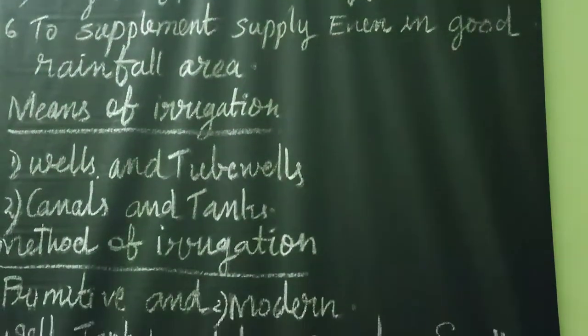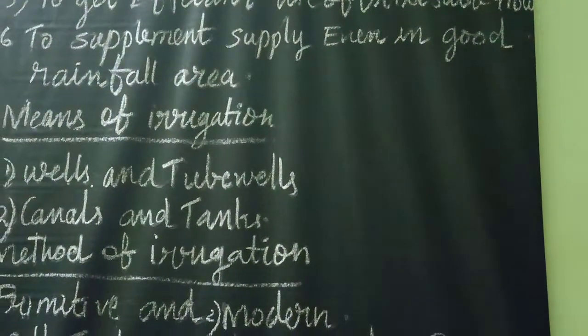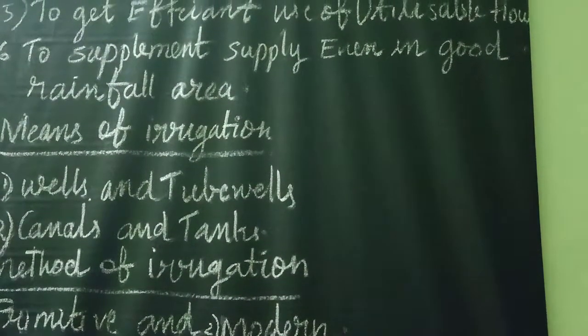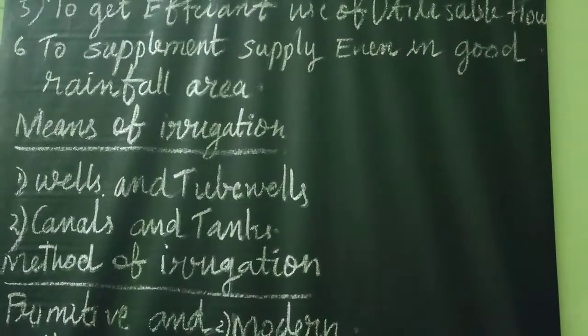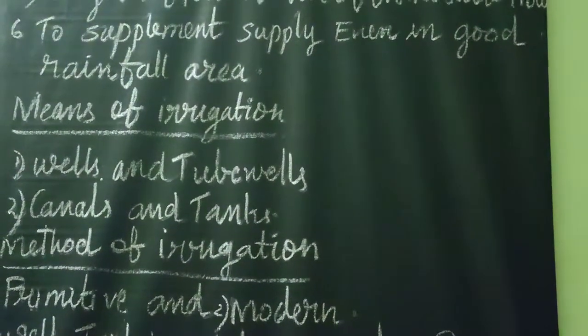Next, the last point, to supplement supply even in good rainfall areas. In good rainfall areas, irrigation is required mostly as a supplement, to protect single crop agriculture against occasional drought.